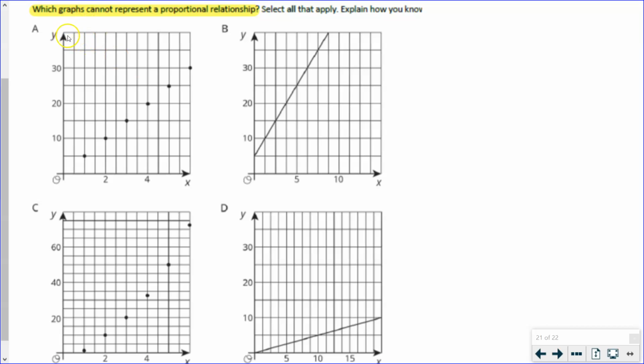Please come back together. Is A proportional? This is proportional. It is a straight line that can go back through the origin. B, is B proportional? Why? Doesn't go through the origin. It might be a straight line, but it is not proportional because it doesn't go through the origin.